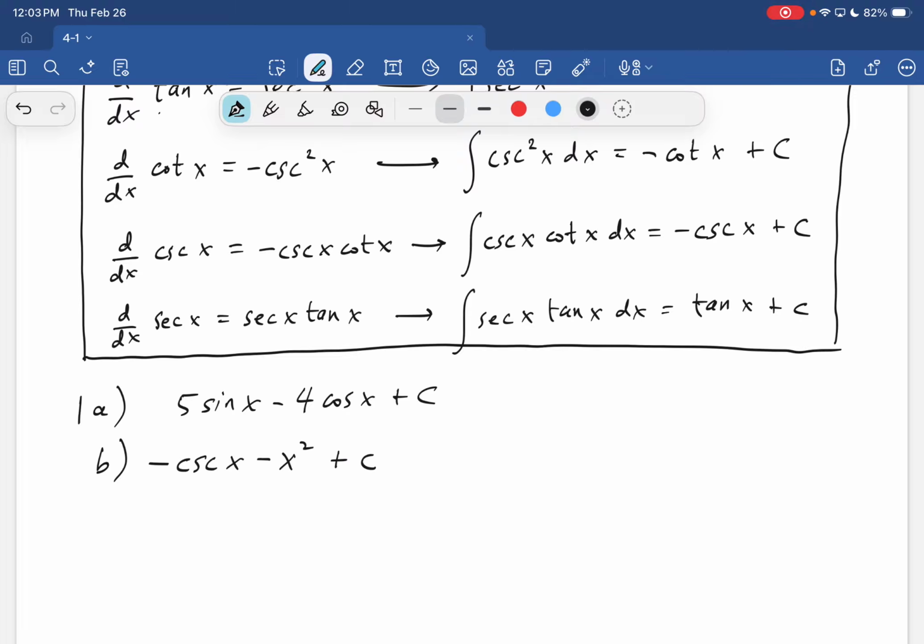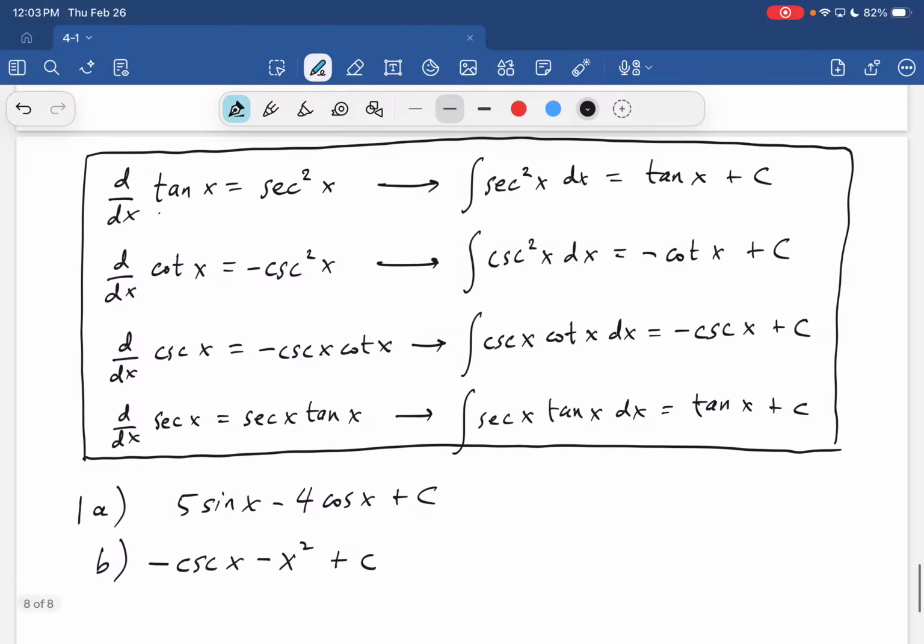Okay, CSC cot. For the minus 2x, you have to do the other equation that we learned, the power rule. For b, when you go to the negative or minus 2x, you have to use the power rule.